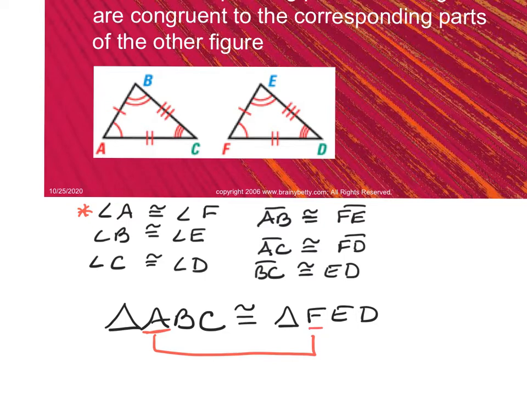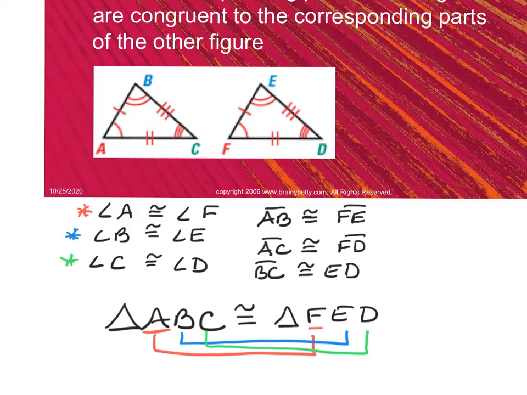And then the same for the second, the middle letter. It's going to match with the middle letter here. And that was my second corresponding part that I showed was congruent. And then lastly, the C, which is the last letter, matches with the last letter in the second triangle, and that was this statement. Notice for the sides, you could set up the same thing.